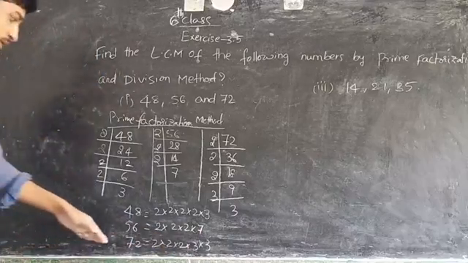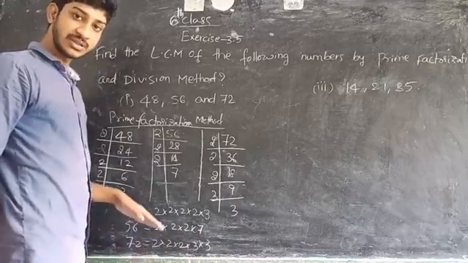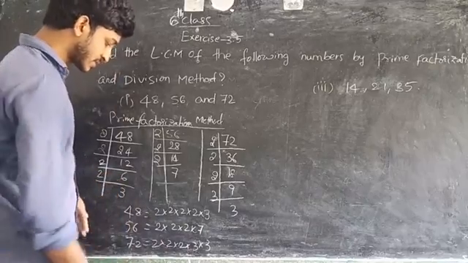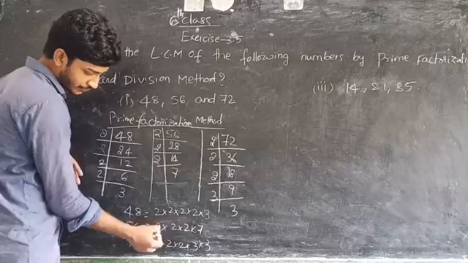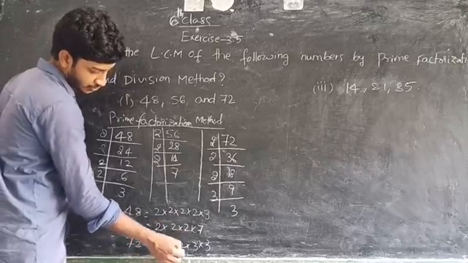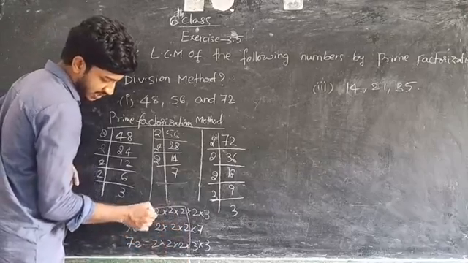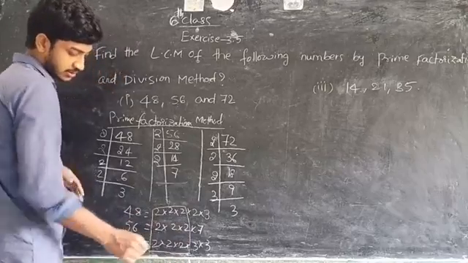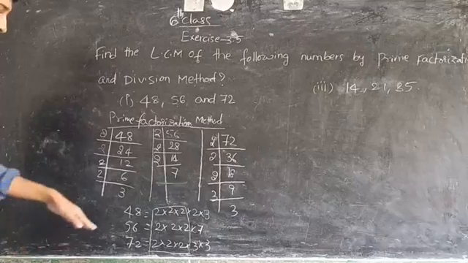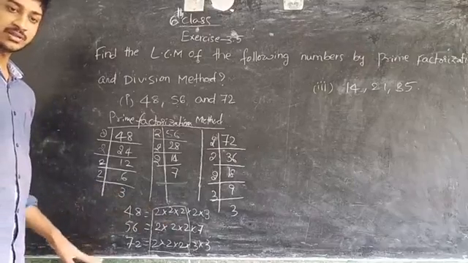Okay, now what are the common factors among these 3 numbers? 2 into 2 into 2. These 3 factors are common among these 3 numbers.